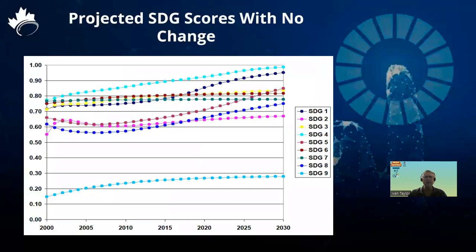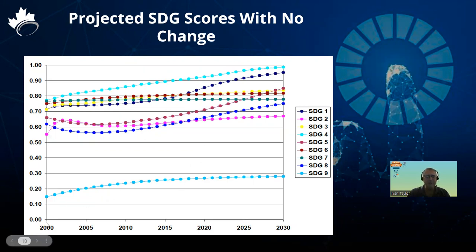So here are the SDG scores with no increase in the effort. Basically, the multipliers are all set to 1, which means that we're applying the current effort to reach the goal, and we're not going to increase the effort. We're just going to apply the current effort throughout the whole period.